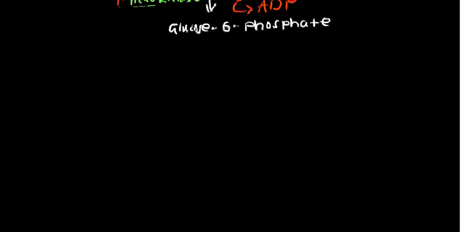So this glucose 6 phosphate, let's use a white color. This reaction is reversible. That means it can go forward and backward. So this glucose 6 phosphate is converted to fructose 6 phosphate.